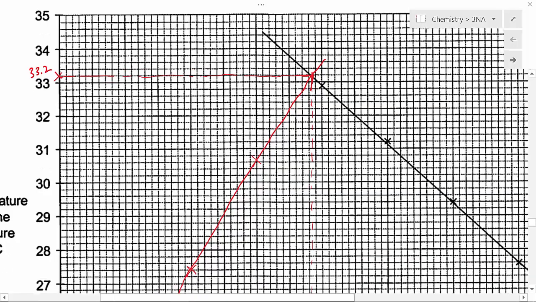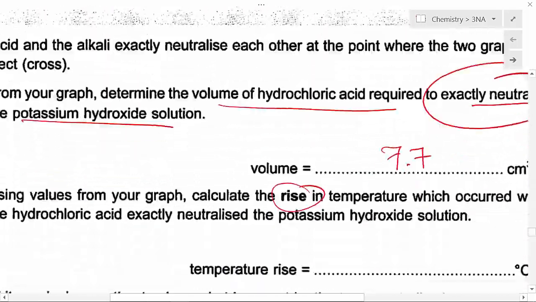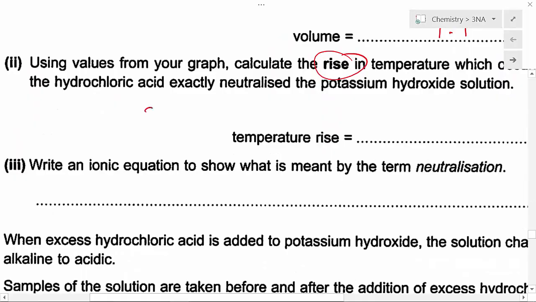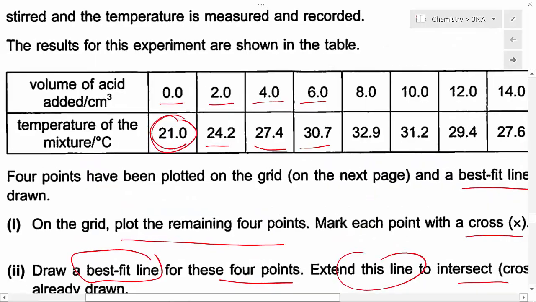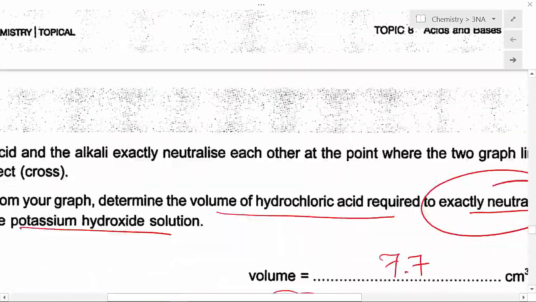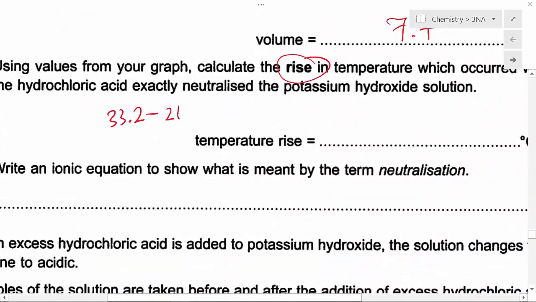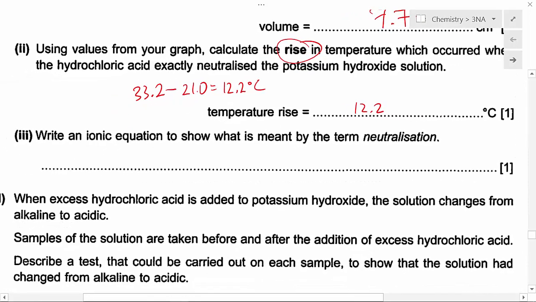But it's not the rise yet, so you must calculate. So it's 33.2 minus the starting temperature. The starting temperature before adding is 21.0. So 33.2 minus 21.0 equals 12.2 degrees Celsius. Alright, that's all. Units are given behind.